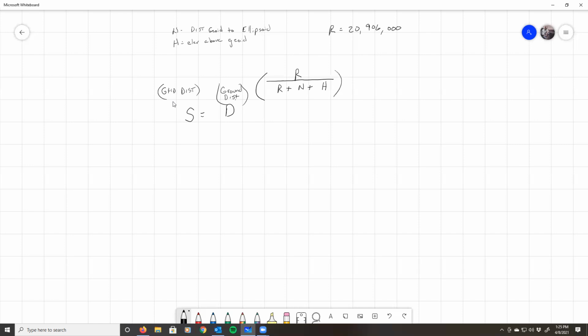It says an observed distance of 2,640 is your distance.